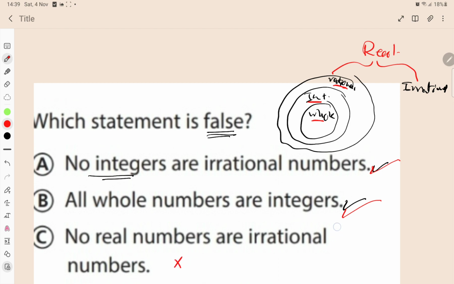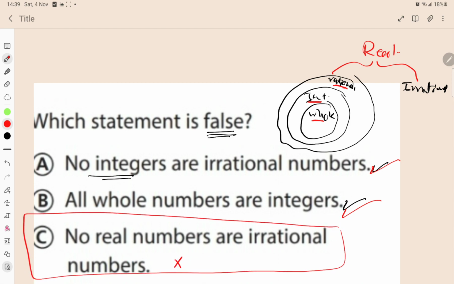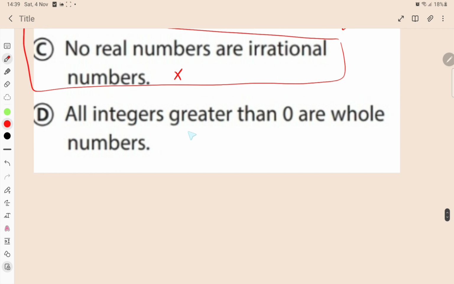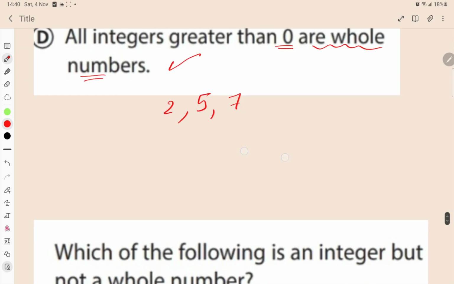So this is the false statement he is looking for, because real numbers can also be irrational numbers. All integers greater than 0 are whole numbers. Yes, this is true. For example, 2, 5, 7, they have no decimals and they are positive, so they are whole numbers.